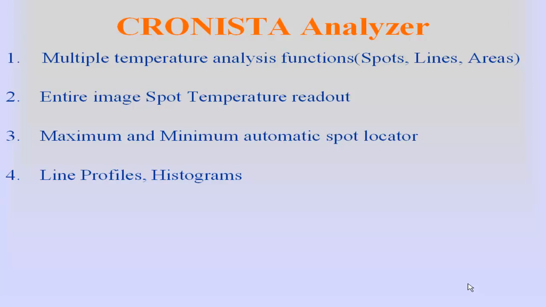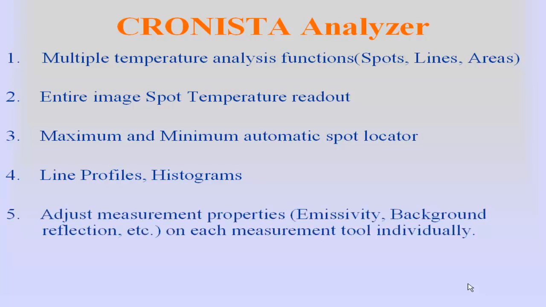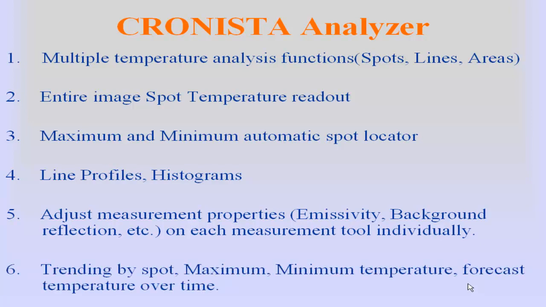You can also use line profiles and histograms in your analysis. You can adjust the measurement properties for each individual measurement tool on any image. And you can use the trending function to forecast temperature over time, even into the future, using historical data.